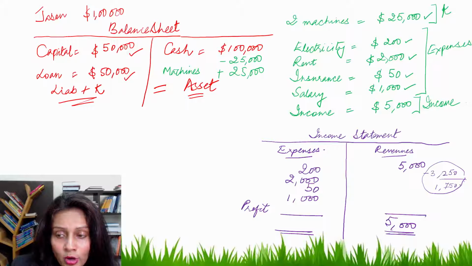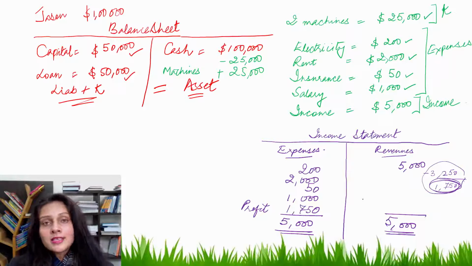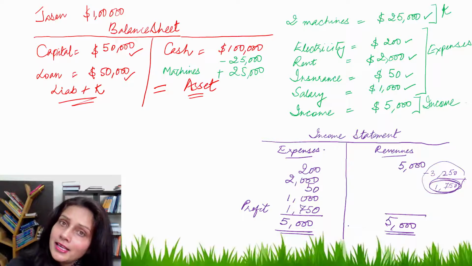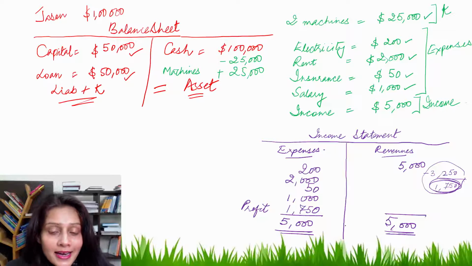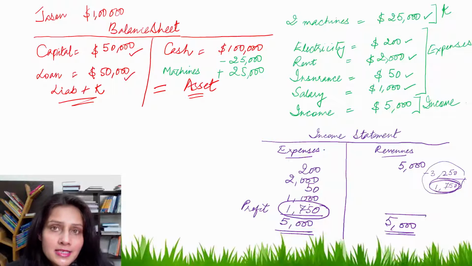So this is my profit. So I'll plug in the profit figure of 1,750 here, and I will total the income statement such that the revenue side equals the expenses side, and we understand that the difference here is the profit. Now let's see what impact all these activities are making on the balance sheet.